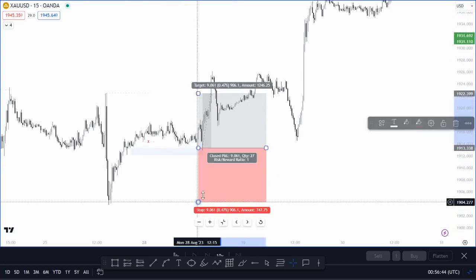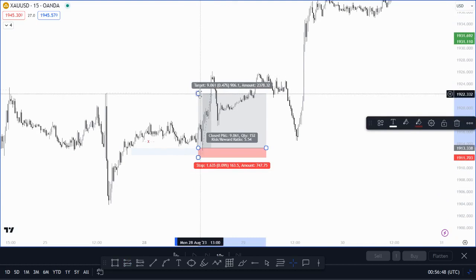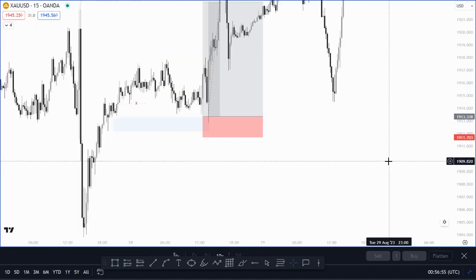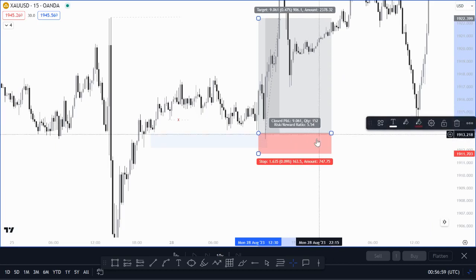But assuming you want to take this trade from here, you're keeping it consistent at 5R. Now look at gold here. Gold is XAUSD. If you click on this point, you see the stop loss is 163.5.